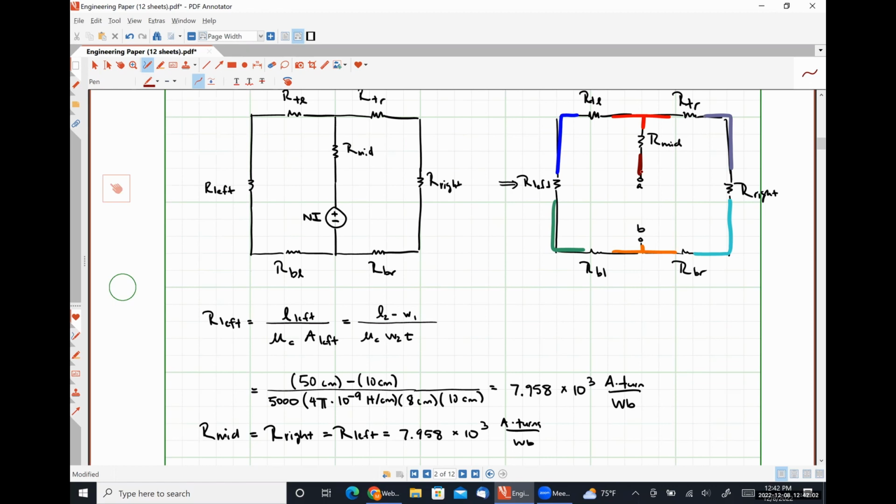So how are the reluctances RTL, R left, and RBL connected based on what the nodes tell us? They're all in series, right?